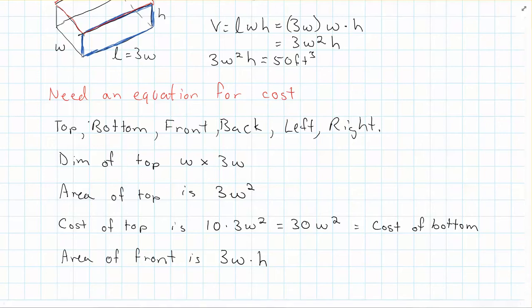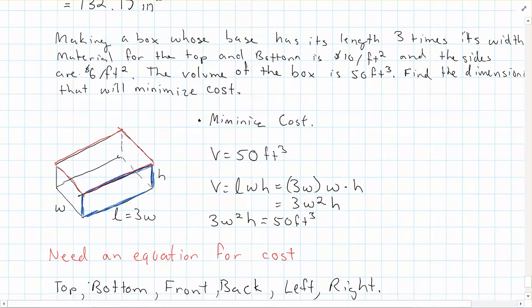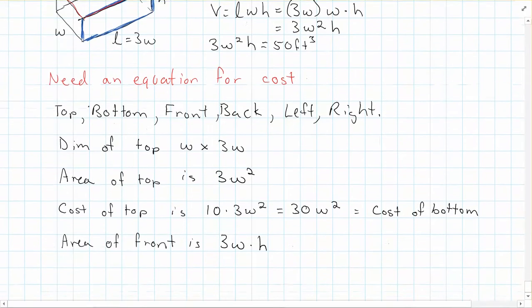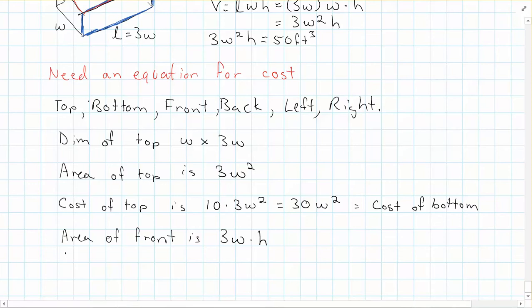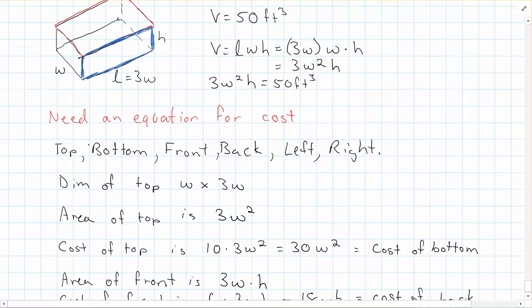Then the cost for the front, because these are the sides, is $6 per foot squared. So the cost of the front is $6 times 3WH, which is 18WH, which is also the cost of the back. Alright, one more side to get here.